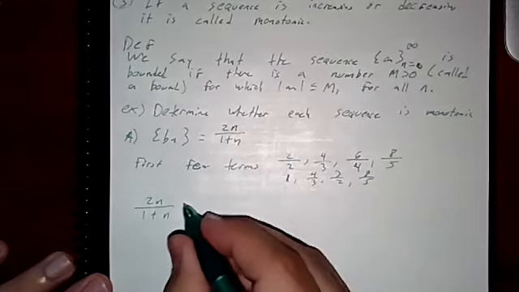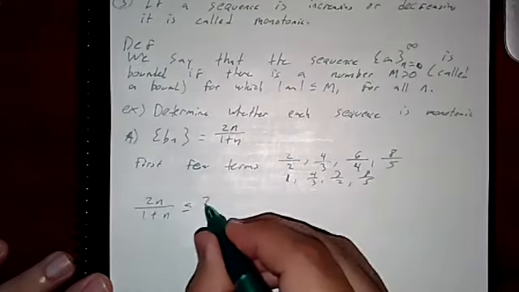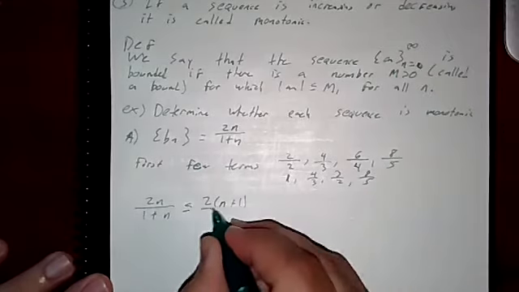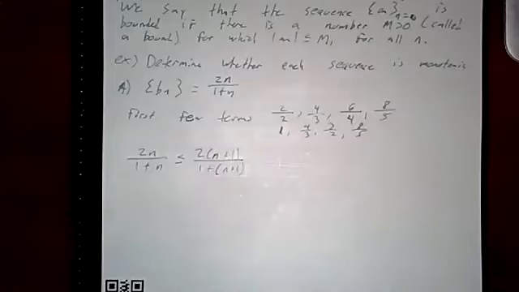Is it true that this is less than or equal to 2 times n plus 1 over the same expression with n plus 1? In general, is this still true? Do you see what I'm doing?